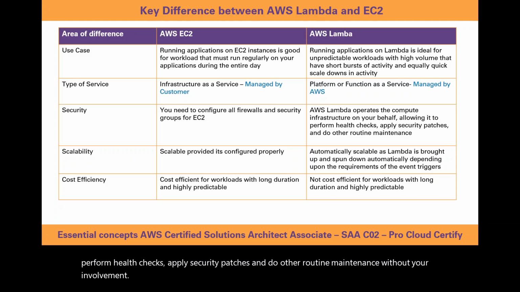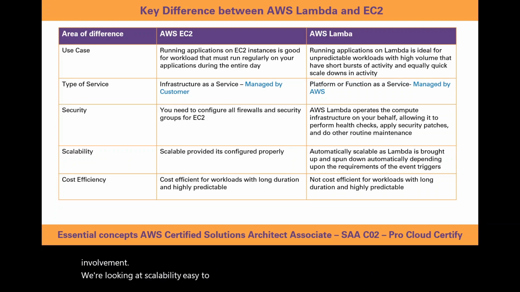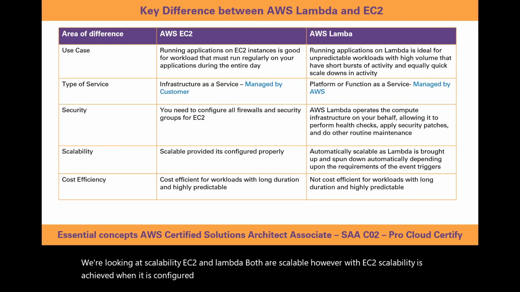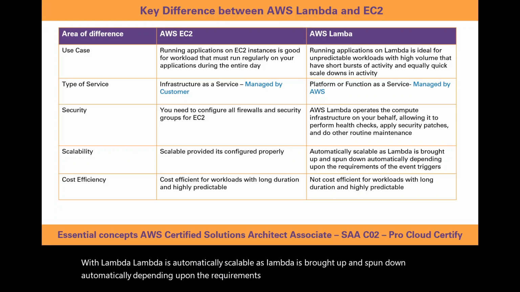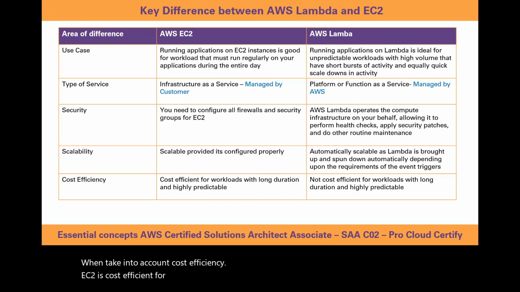When looking at scalability, EC2 and Lambda both are scalable. However, with EC2, scalability is achieved when it is configured properly by the customer. With Lambda, it is automatically scalable as Lambda is brought up and spun down automatically depending upon the requirements of the event triggers. When taking into account cost efficiency, EC2 is cost efficient for workloads with long duration that are highly predictable.